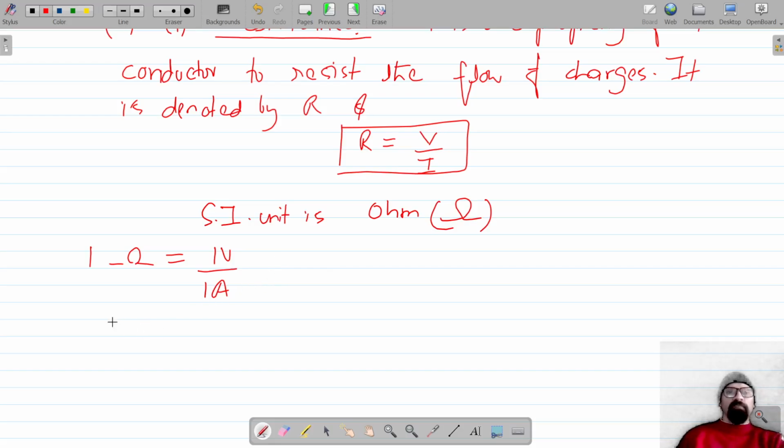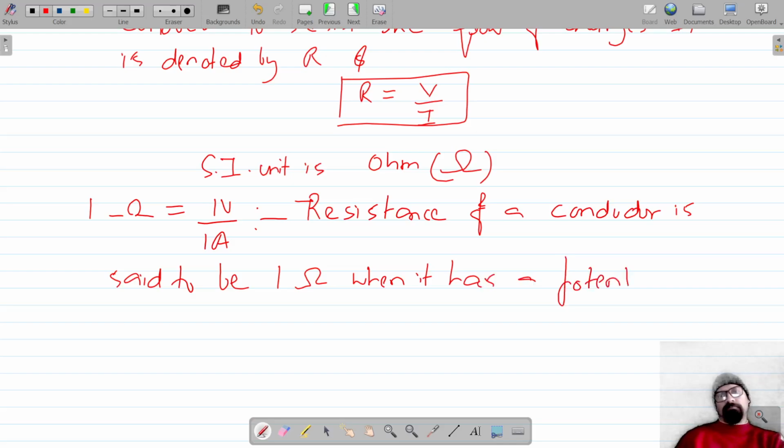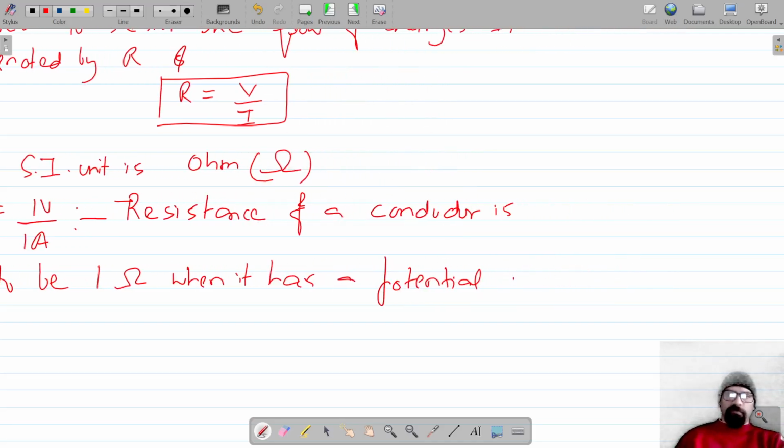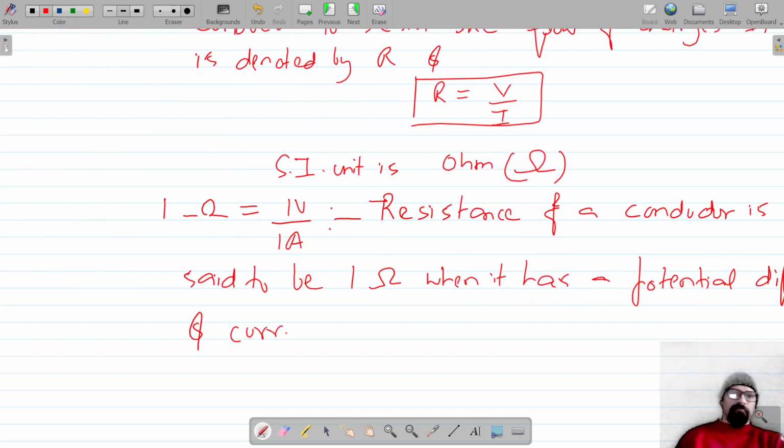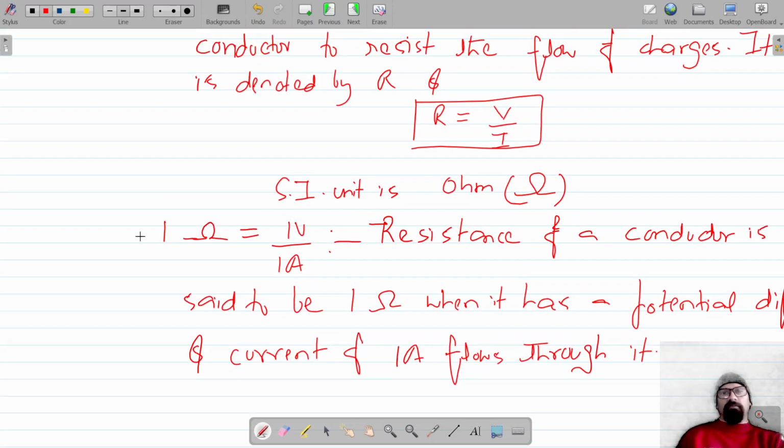The resistance of a conductor is said to be 1 ohm when it has a potential difference of 1 volt and a current of 1 ampere flows through it. So this is 1 ohm.